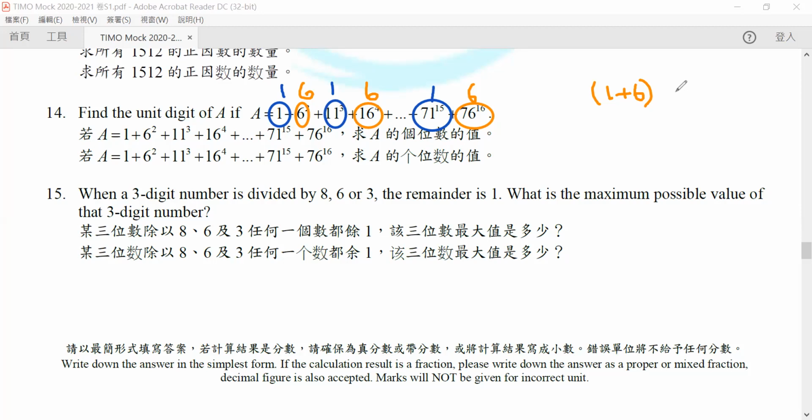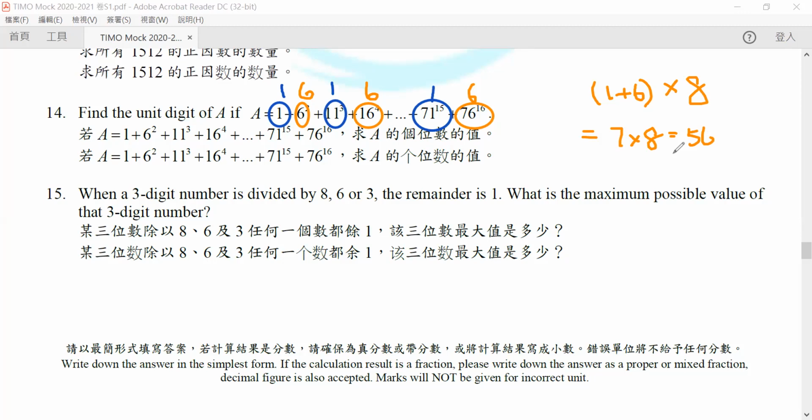So there are actually 8 different cycles. So at the end, it should be 7 times 8, which is equal to 56.